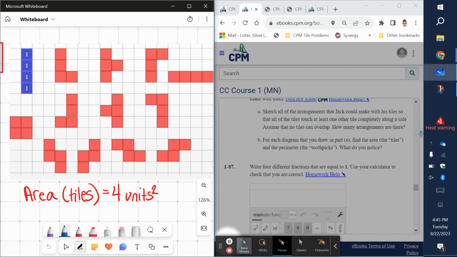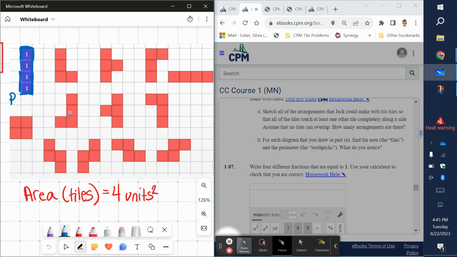Now, the toothpicks or the perimeter is what's going to be different for these. So let's start with the one that they gave us. So let's just count. 1, 2, 3, 4, 5, 6, 7, 8, 9, and 10.